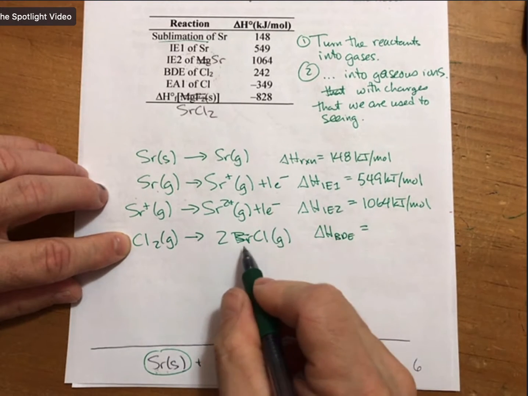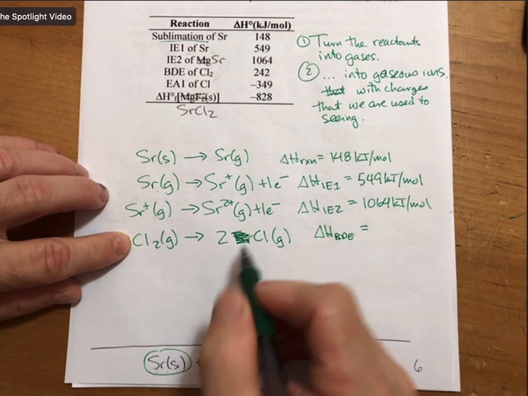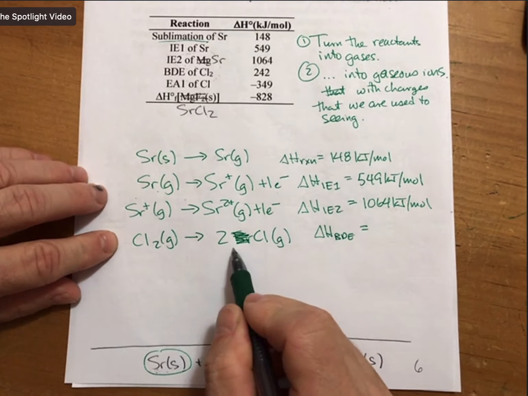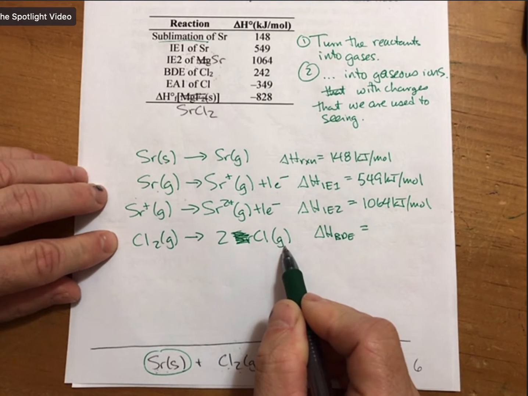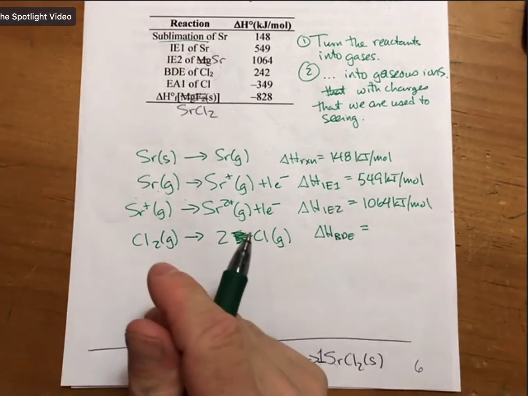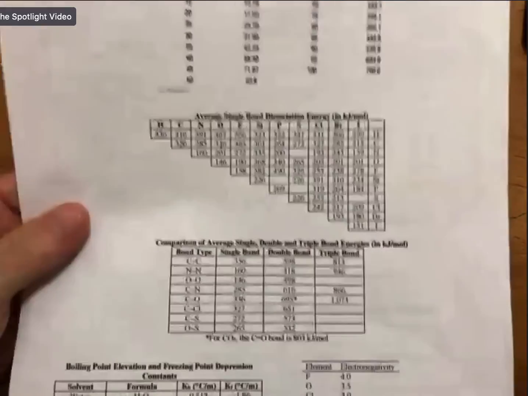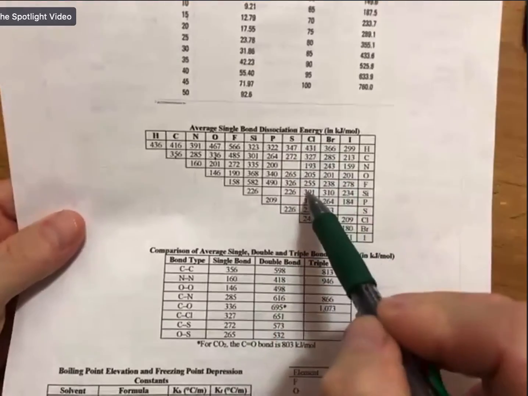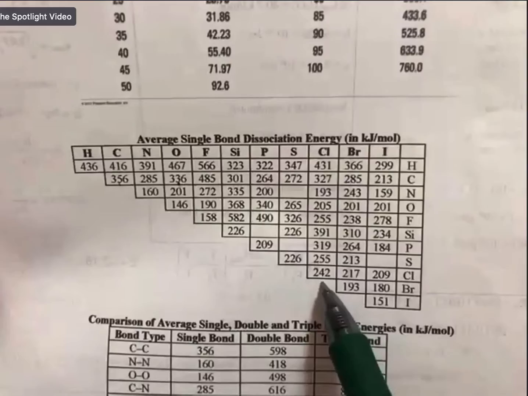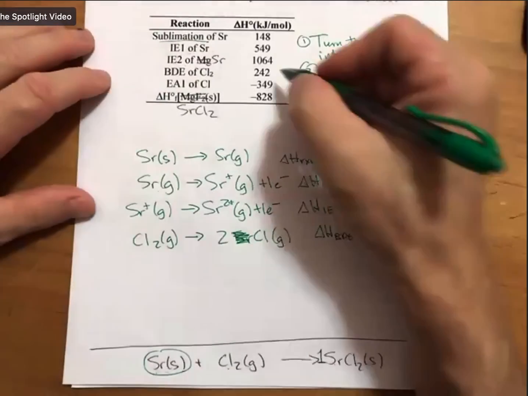So you start with chlorine bonded, and then you break the bond and you end up with 2 chlorine gas atoms. And this, according to our bond dissociation energy table, chlorine is 242 kilojoules per mole. And that's also on the list here.